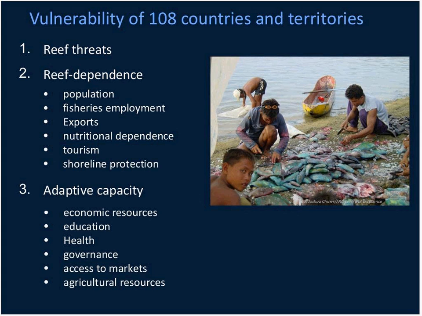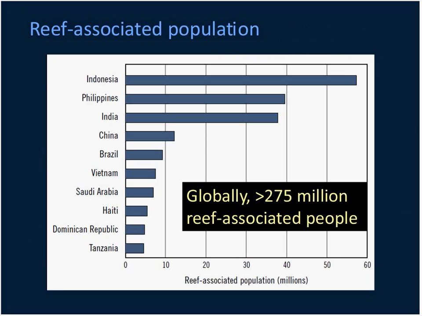dependence and adaptive capacity. A couple of images to take you through some of this. You can read more about it and also download the technical notes, which will tell you more about how we did it. One of the first things we did was look at how many people are what we called reef-associated. We hear lots of statistics bandied around by different groups, and it's often hard to know what's the best statistic to use.